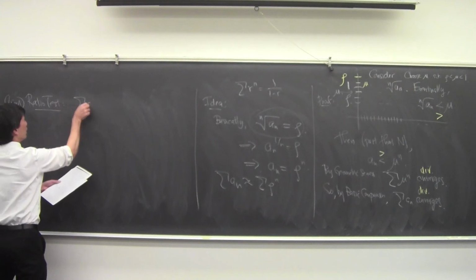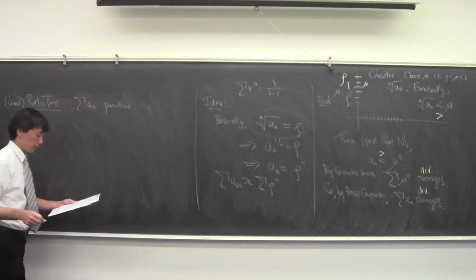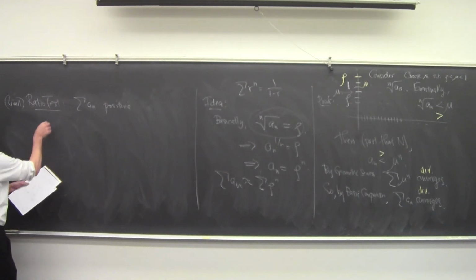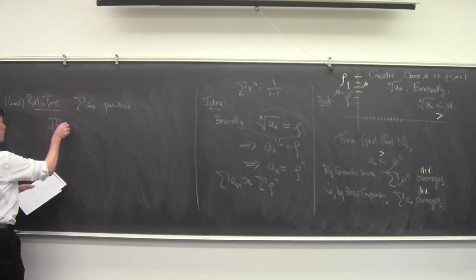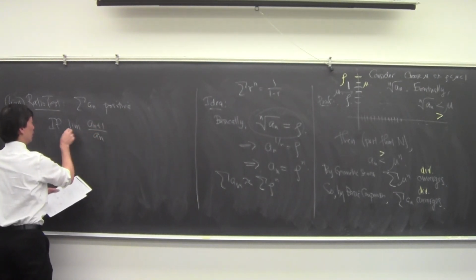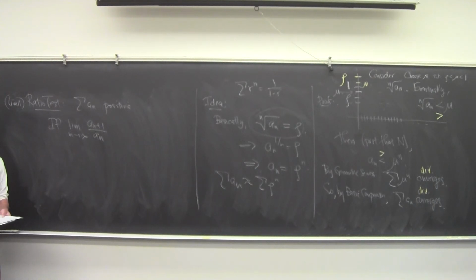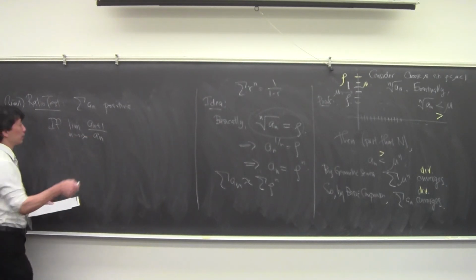So you have some series, and this one is a positive series. And you consider the limit of the ratio of successive terms.